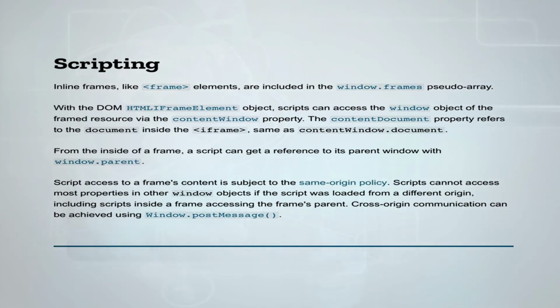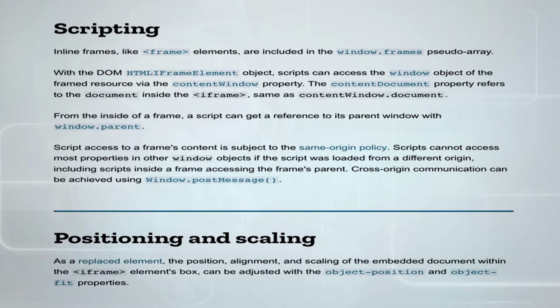Script access to a frame's content is subject to the same-origin policy. Scripts cannot access most properties in other window objects if the script was loaded from a different origin, including scripts inside a frame accessing the frame's parent. Cross-origin communication can be achieved using window.postMessage. Now let us learn a little about positioning and scaling.